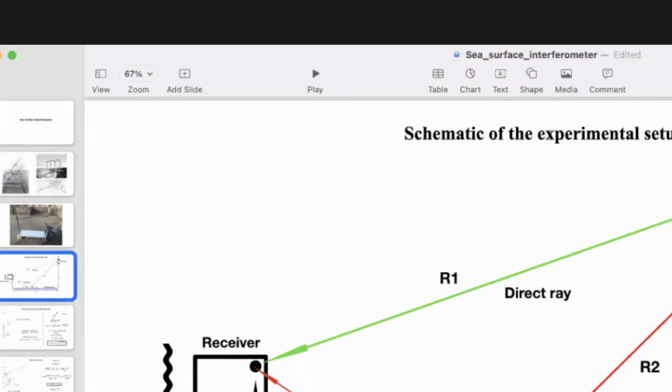Basically, you will pass through maxima and minima and so on, and you will get that power measured on the receiver. The aim of this experiment is then to verify that the received pattern matches what is expected in theory. And if it does not match, can you figure out where things are different?